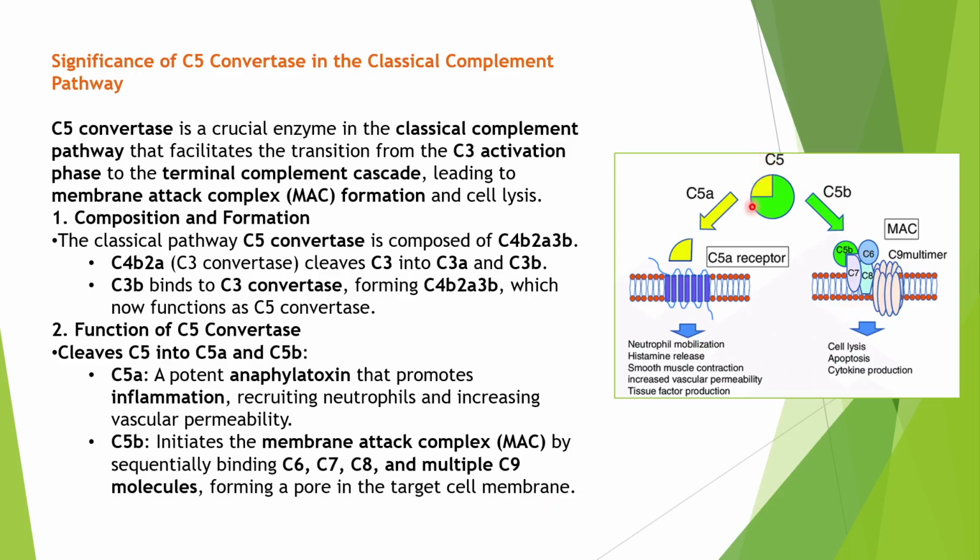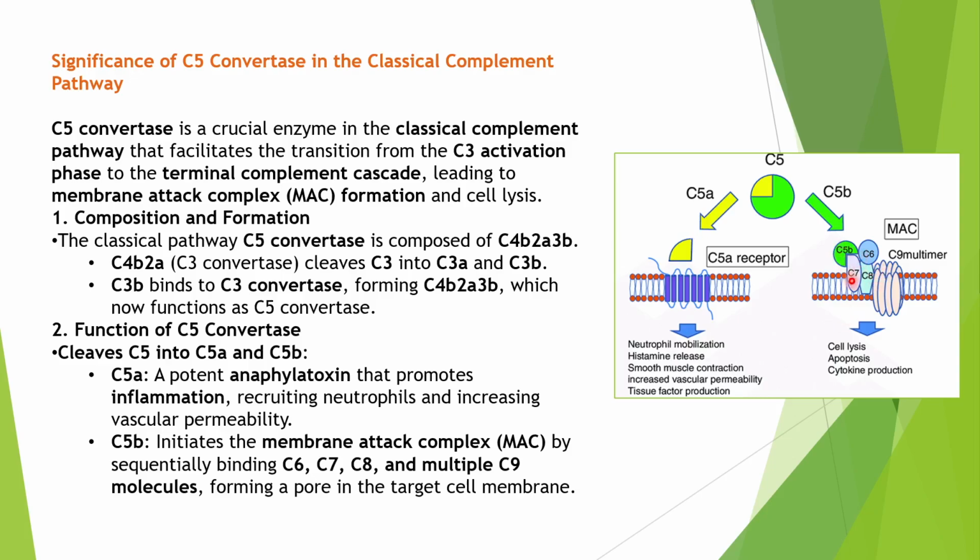So we have our C5 which splits into C5a and C5b. Then C5a helps in increasing the vascular permeability by binding to the receptor, and then neutrophil mobilization occurs, and some anaphylactic reactions leading to histamine release, smooth muscle contraction, tissue factor production, etc., are downstream of C5a action.